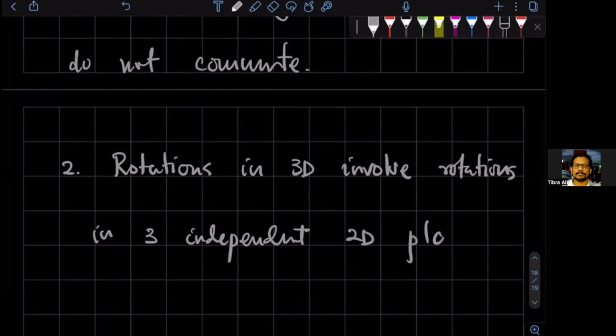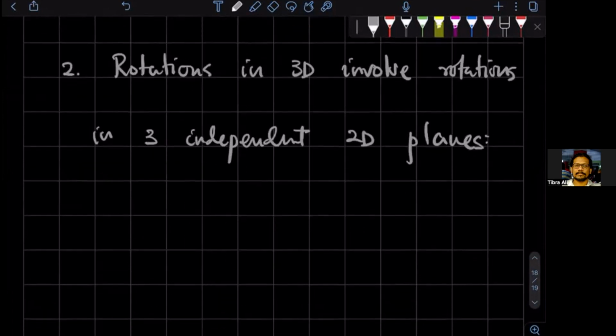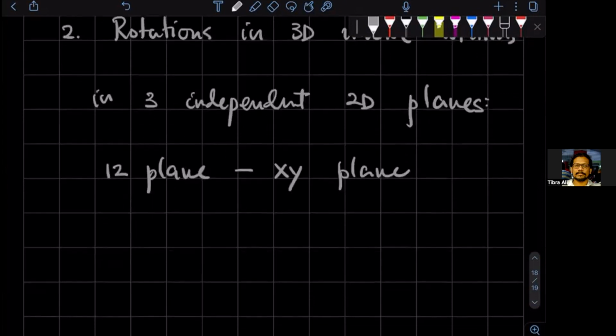Okay, and this is actually a theorem that you can show that any rotation in 3D can be made out of 3 rotations. And what are these planes? For us, it's x1. Well, we are using 1, 2. So the 1, 2 plane or the xy plane. So we are going to switch between these 2 notations, or the 2, 3 plane, or the yz plane, or the 3, 1 plane, or the, say, zx plane, right?